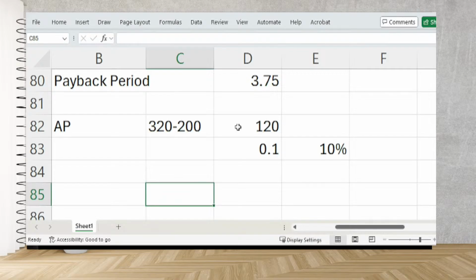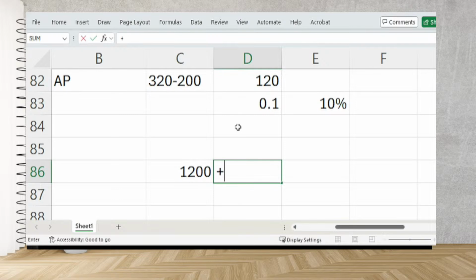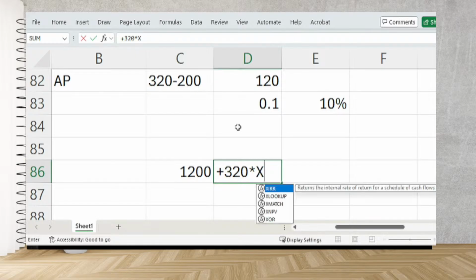So it is basically 1200, which should be 320 multiplied by X amount.